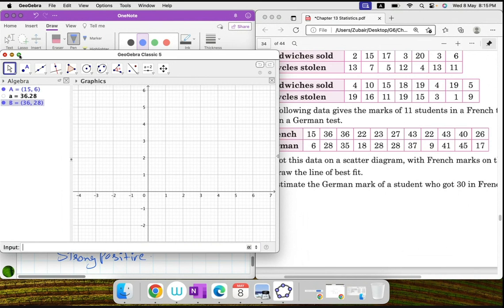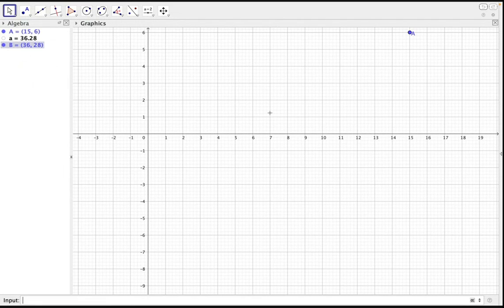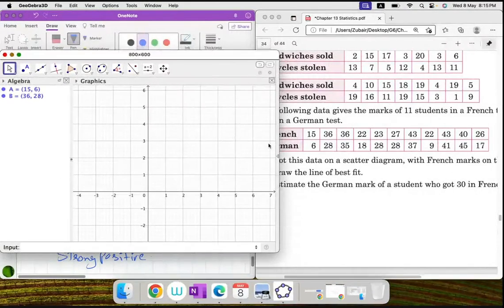Let's see if it is also showing those points. Yes, it is. Then 36, 35. I'll zoom out once we type in. 36, 35, 22, 18.